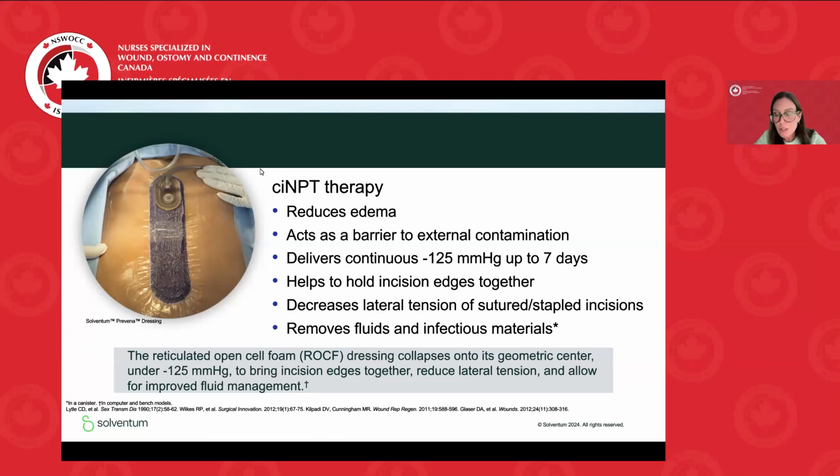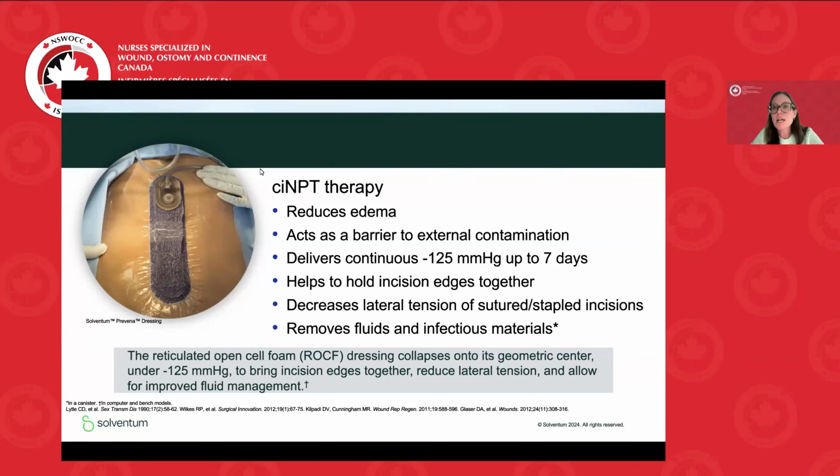A lot of our patients are overweight, and it's a very, very hard area to keep clean. So the closed incision is going to decrease the risk of infection simply by acting as a barrier to some of the bacteria that naturally lives in a lot of the areas that we're doing surgery, right? It still delivers your continuous negative pressure.